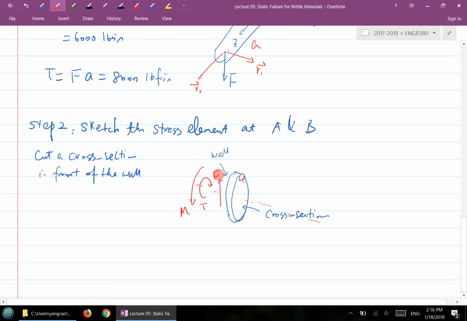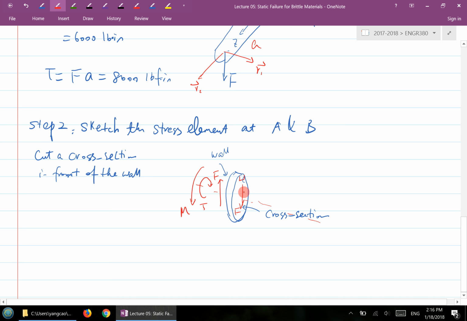So what about on the cross-section side, the cut-out cross-section side, right? We want to do the same thing. The basic principle is what? This little piece, this slice, needs to be in equilibrium. So on this side, in order to keep it in equilibrium, you have a force going down to balance that.